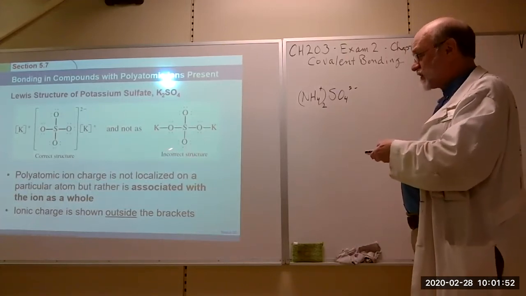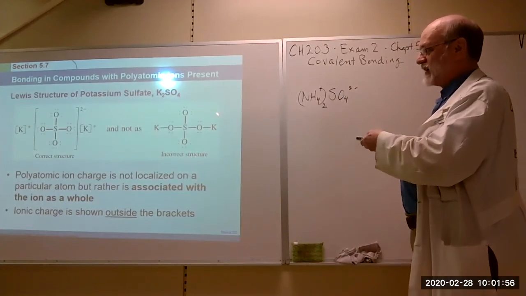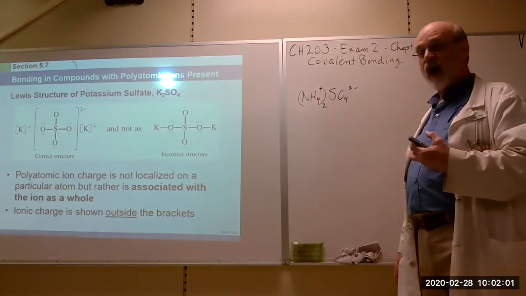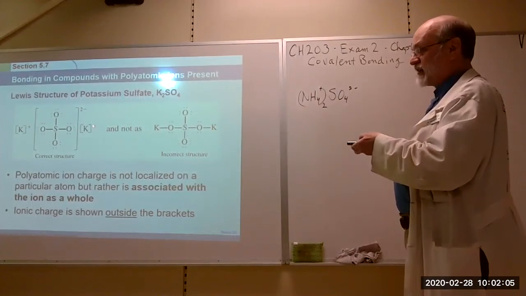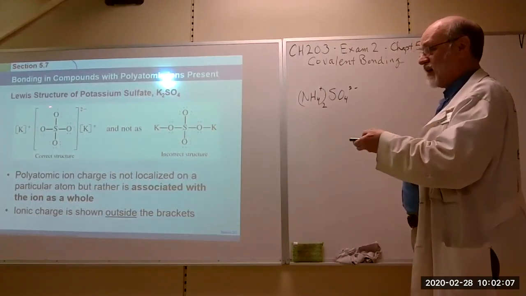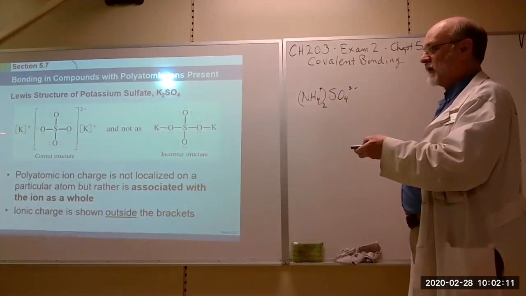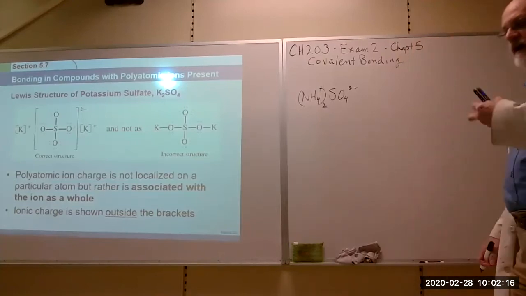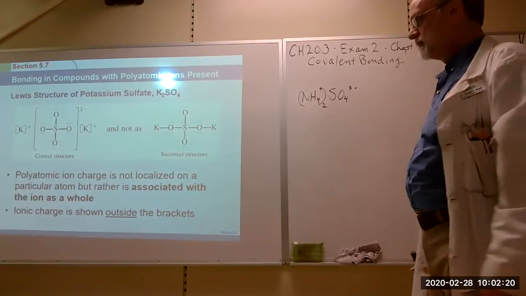We can't say that this is the structure because this implies that potassium sulfate is itself a covalent compound, which it's not. It's an ionic compound. It just has this covalent polyatomic ion built into it. So this is the correct structure for an ionic compound built from polyatomics.